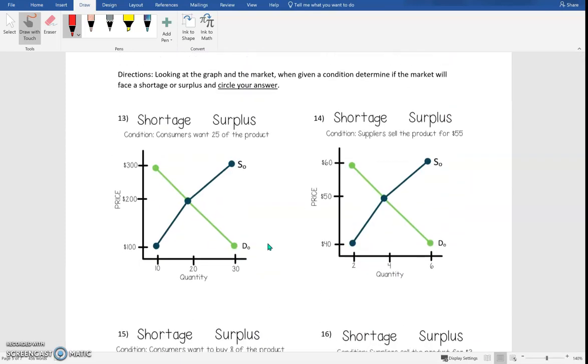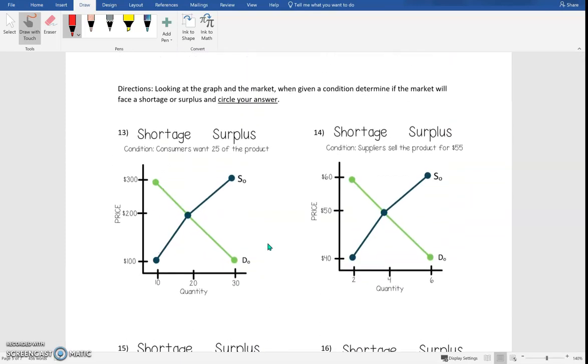All right, we're looking at shortages and surpluses. So looking at the graph in the market, when given a condition, determine if the market will face a shortage or a surplus and then circle your answer, okay? So if we're looking at consumers wanting 25 of a product, consumers mean demand. So looking at demand, quantity 25. If I come up here, this is where demand is at 25.